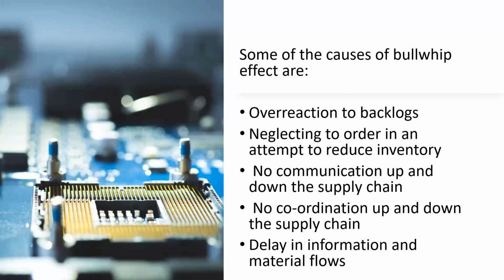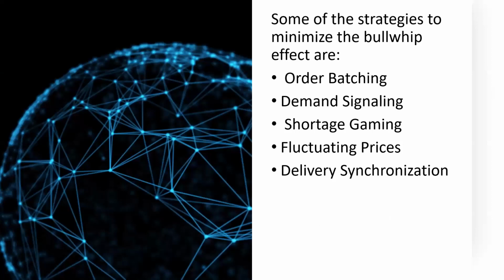Therefore, you must try as much as possible to minimize the bullwhip effect. I'll put material on the bullwhip effect on the portal for you to see what I'm talking about. Some of the ways to keep the bullwhip effect minimized include order batching.